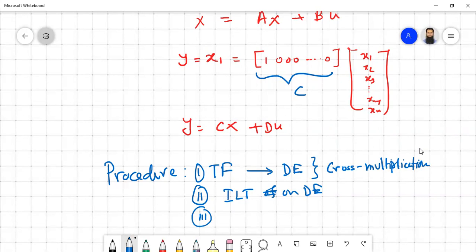Then you have to take the inverse Laplace transformation on the cross multiplied form, with the assumption of zero initial conditions. And then represent that inverse Laplace transformation in phase variable form.